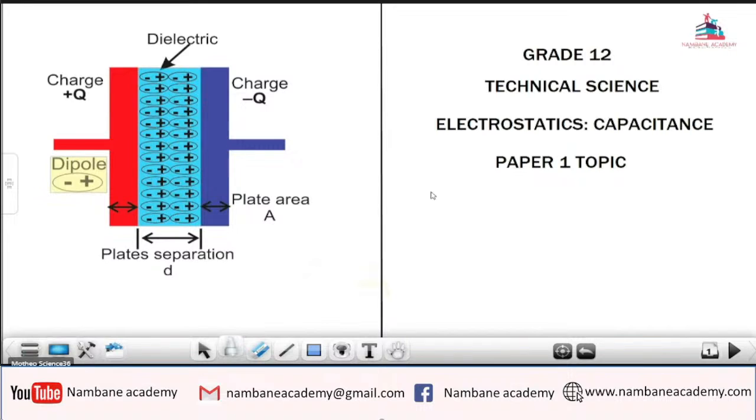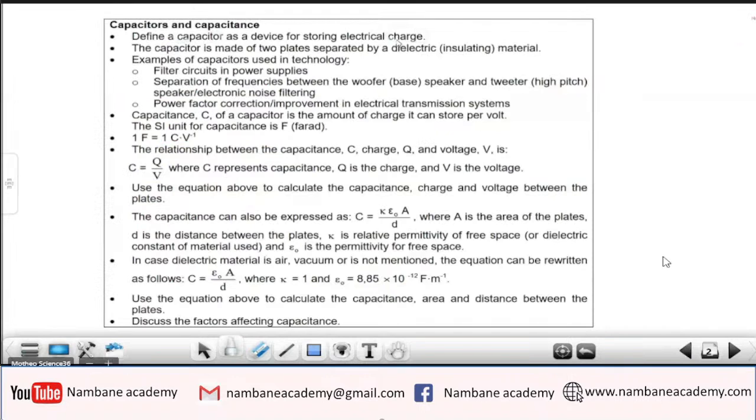The examiner can ask you the definition of a capacitor, which is very easy: a device for storing electrical charge. And this word electrical charge must be used. You cannot say any other word. I want to use the correct word for storing electrical charge.